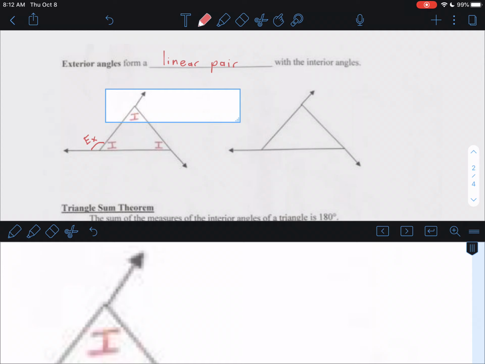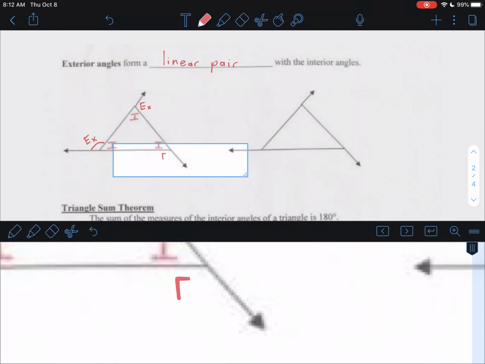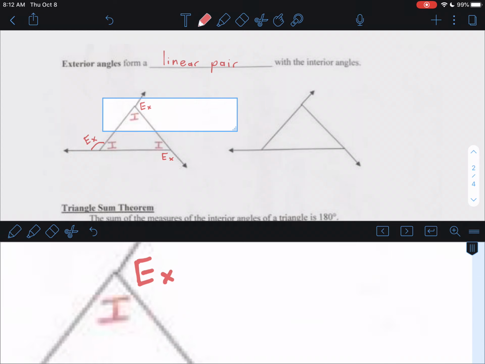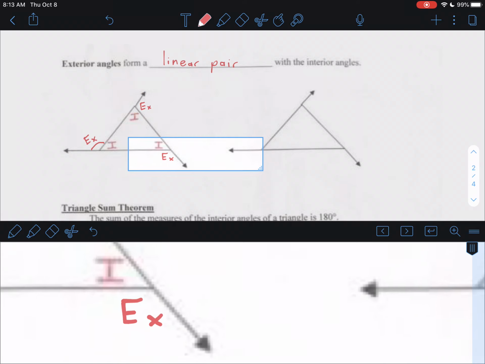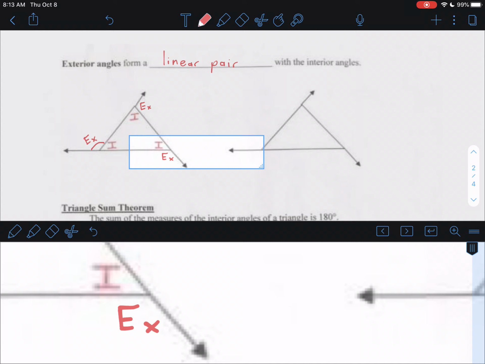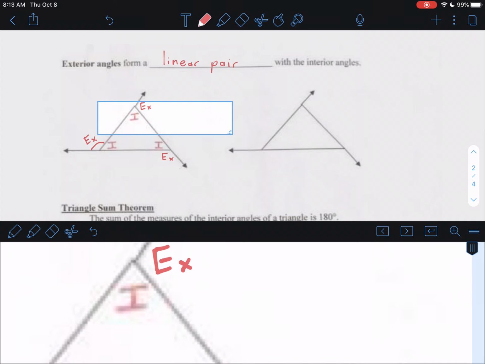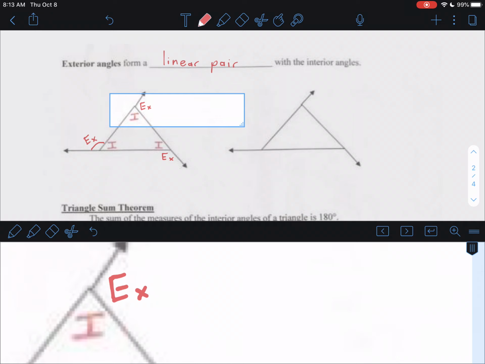Likewise, that's an exterior angle, and that's an exterior angle. And like these two here are going to form a 180 degree angle. They're going to add up to 180 degrees, and so are these two here. I don't know if any of these angles are going to be congruent, but I know that the interior and the exterior angle that it's right next to are going to add up to 180.